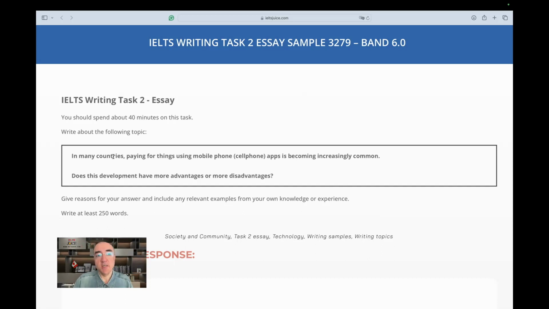But the question is, which one is higher? Are advantages higher than disadvantages, or the disadvantages higher than advantages? So that is for us to answer. How do we answer that?